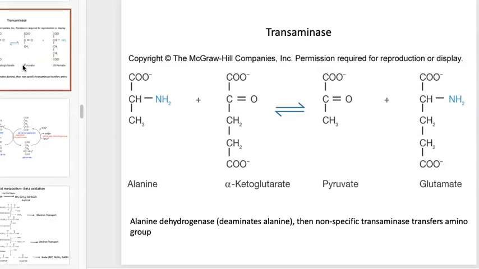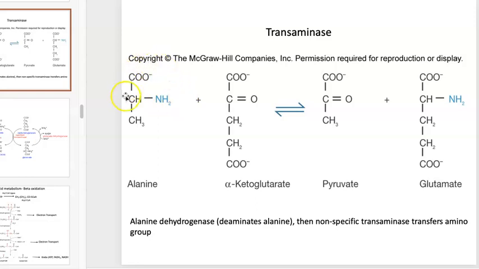And so here's an example of that. But in this particular case, a transaminase enzyme is not picking up free ammonia. It's basically taking ammonia that's bound off of something that you don't need as much of and putting it onto something else to make something new that you need more of.